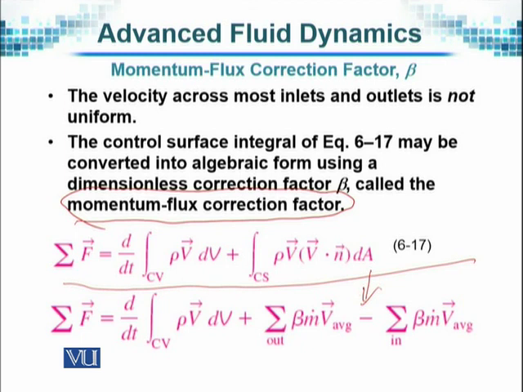You can see that in the control system term, we have inserted beta at the outlet as well as at the inlet, and the velocity is taken to be the average velocity found in the flow field conditions.